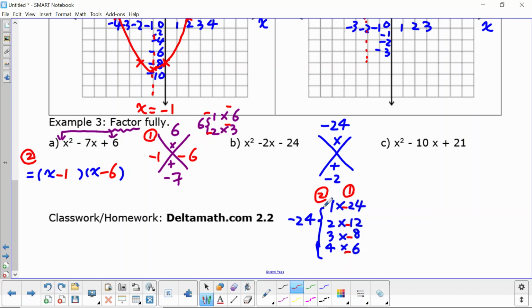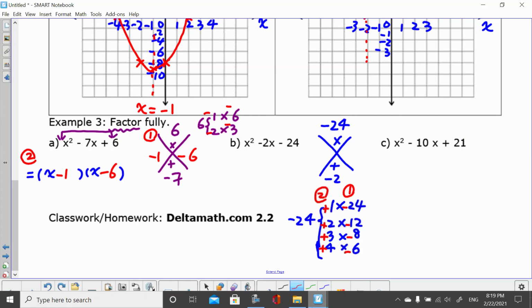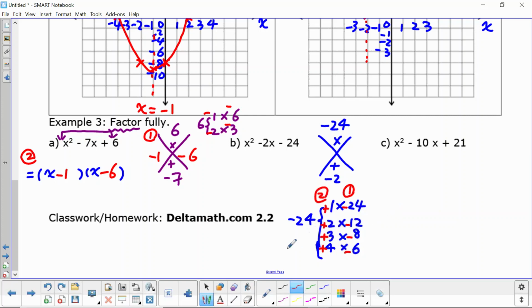So one is negative, the other needs to be different. Positive times negative gives you negative. So positive for the smaller number. Then we are going to see. The third step is just to determine the sum, which one works. Added together is negative 2. Okay, 4 and negative 6.